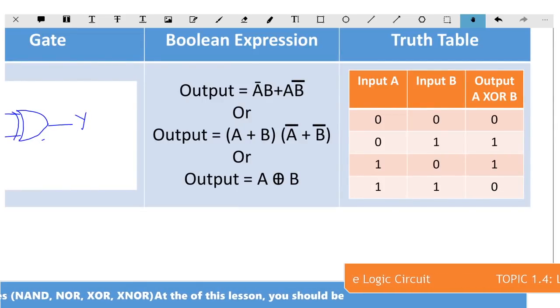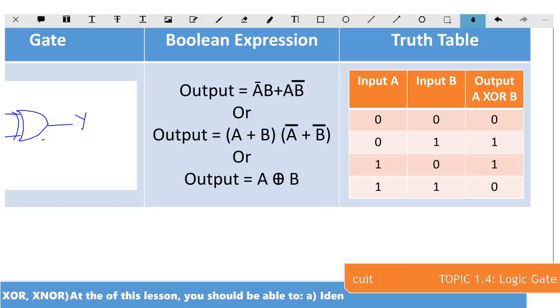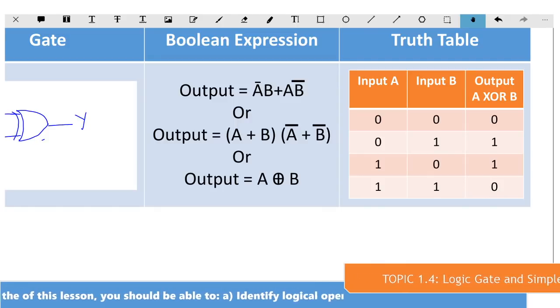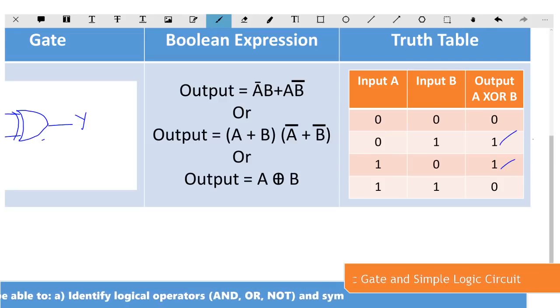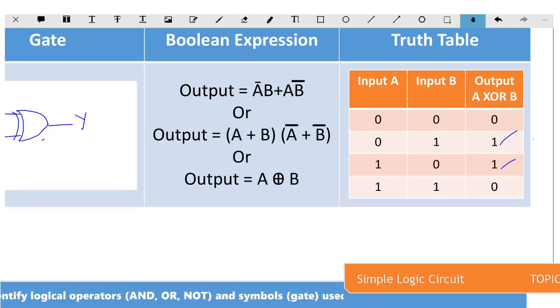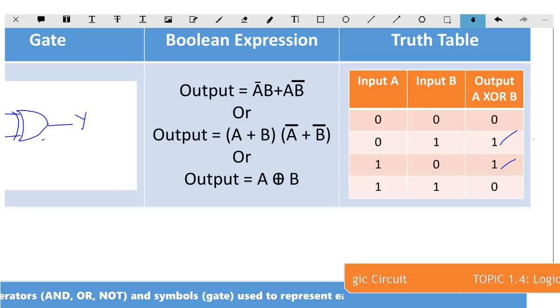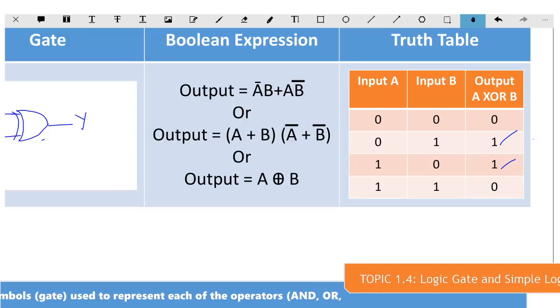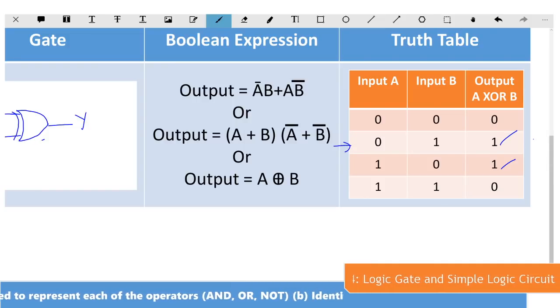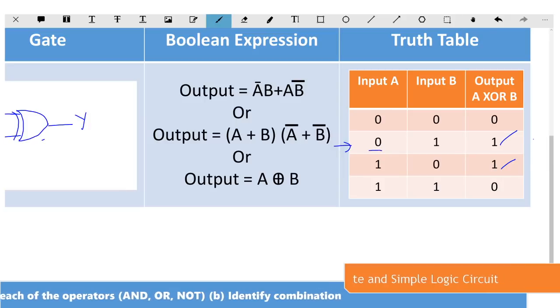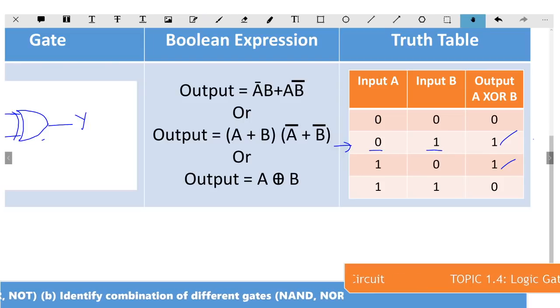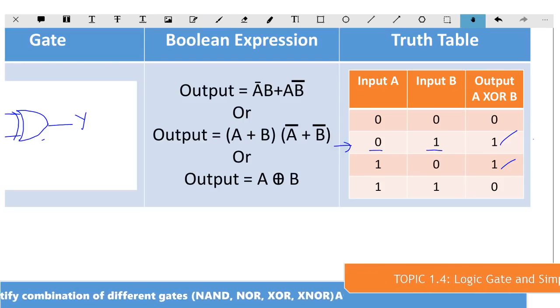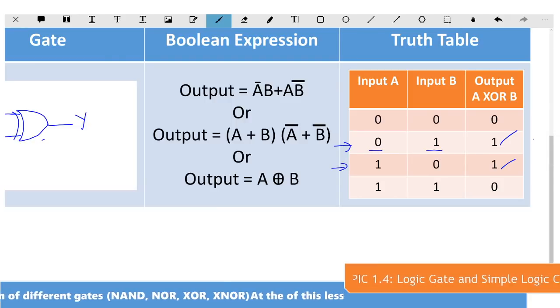From the truth table, it shows the output is true if one of the inputs is true. In row number 2, input A is false and input B is true, so the output will be true, as well as row number 3.